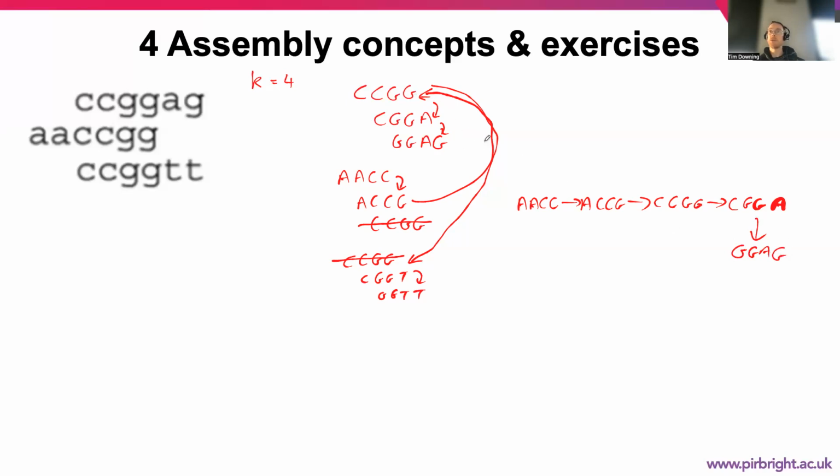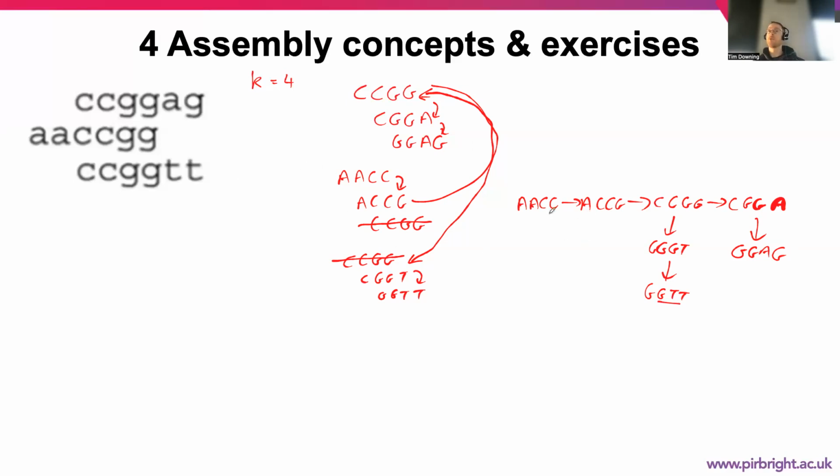But also A, C, C, G connects to this one down here, which is C, G, G, T, and the one further down, G, G, T, T. Those two don't connect at all, because for the k-mer overlap for G, T, T, there's none at all there. So that means you actually have two paths here.